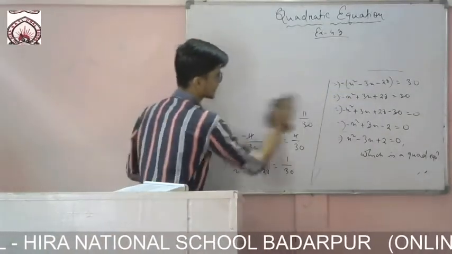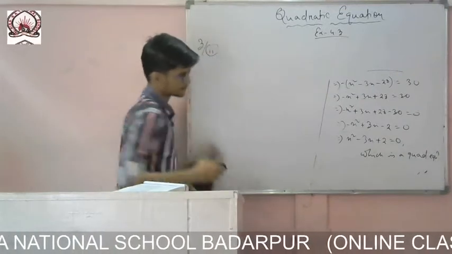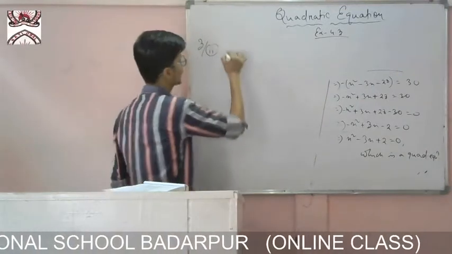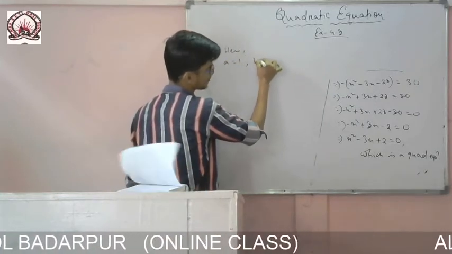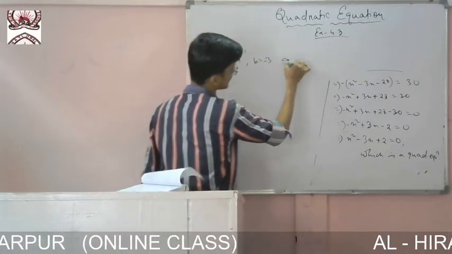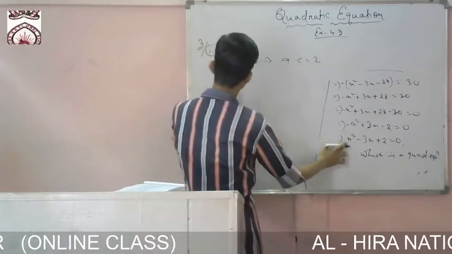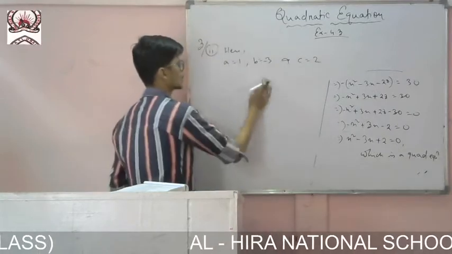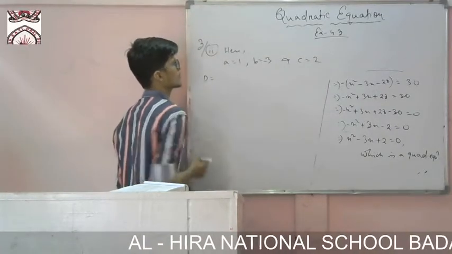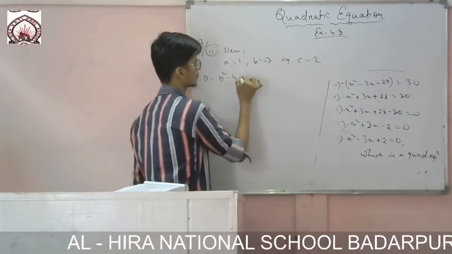First of all, I will write a equals 1, b equals minus 3, and c equals 2. First of all, I will find the discriminant. So D equals b square minus 4ac.